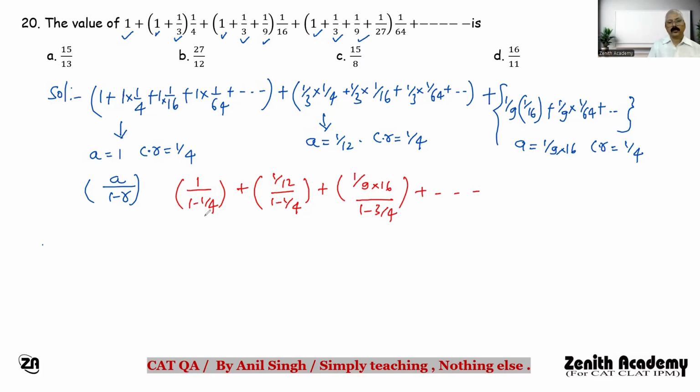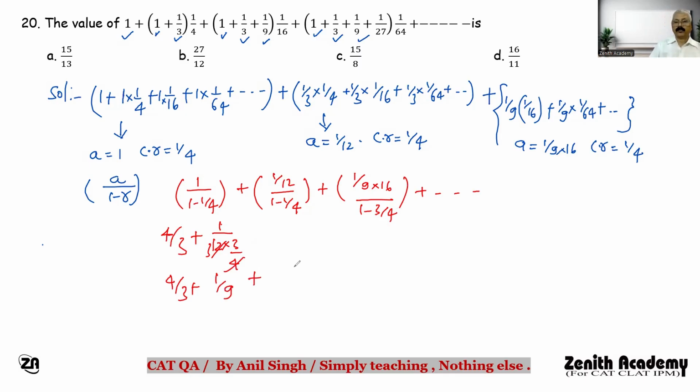So this is 4 by 3. And this is 1 by 12 into 3 by 2, means 4 by 3. So this is like 4 by 3 plus 1 by 9.